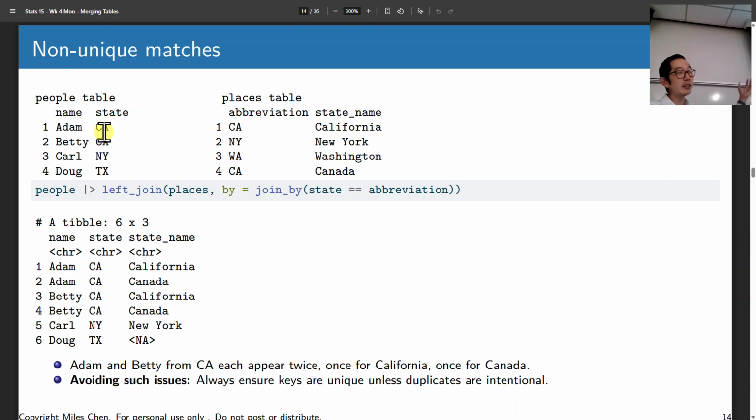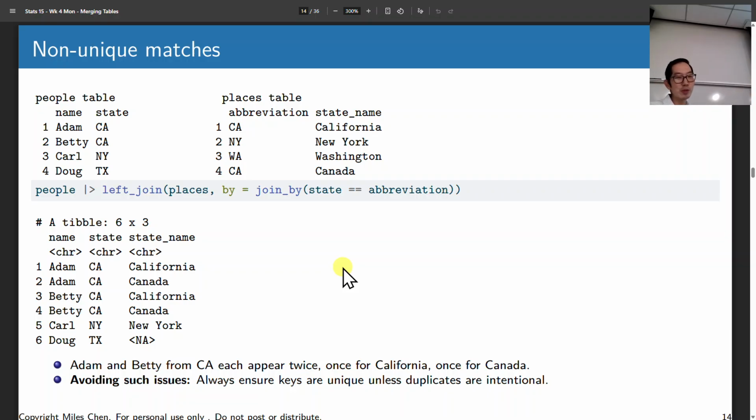But if your facts table is probably much bigger, maybe thousands of rows, and maybe your dimension table has 3 instances of CA, California, Canada, and something else, then everything would get multiplied by 3. You go from expecting like 900 matches to getting like 2,700 matches.